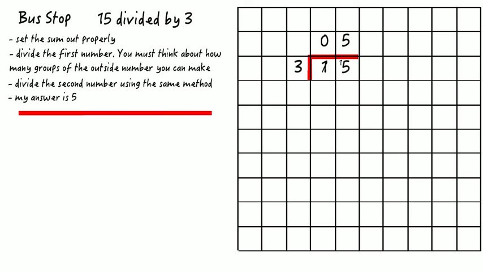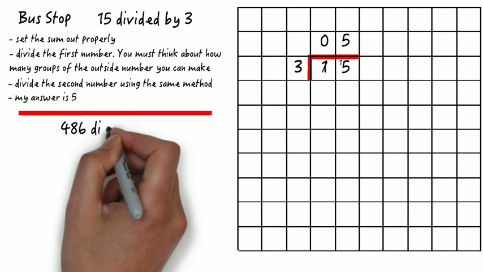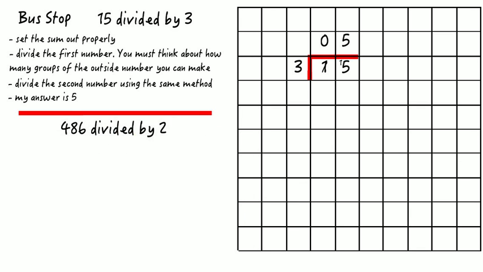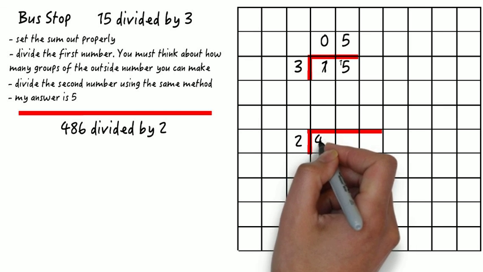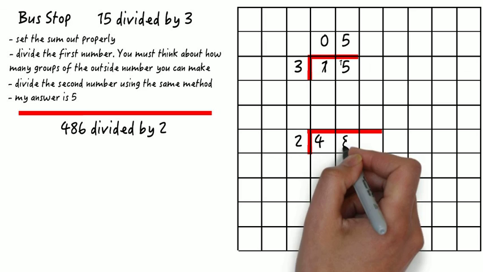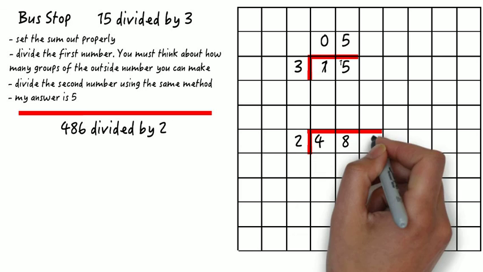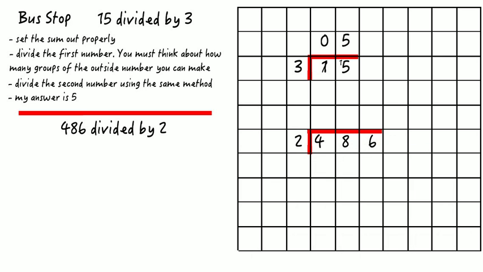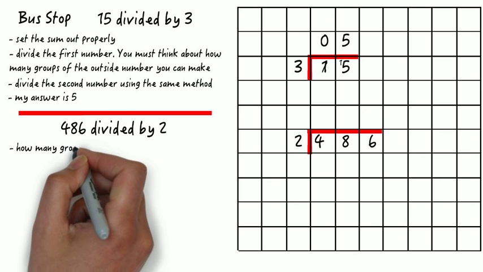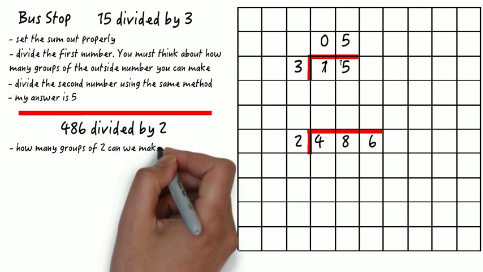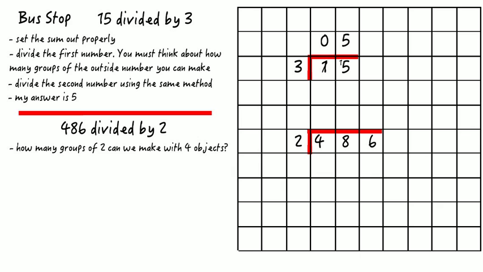Let's try it with a different sum. 486 divided by 2. You set it out in the same way. This time though, we're thinking about how many groups of 2 we can count, not groups of 3. How many groups of 2 can we count in 4? 2.